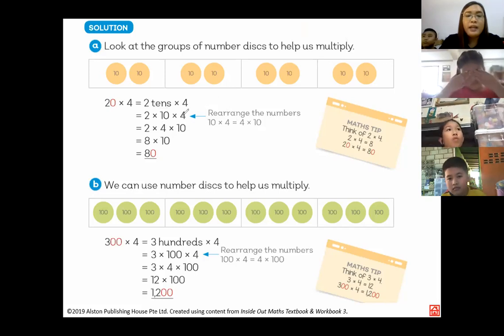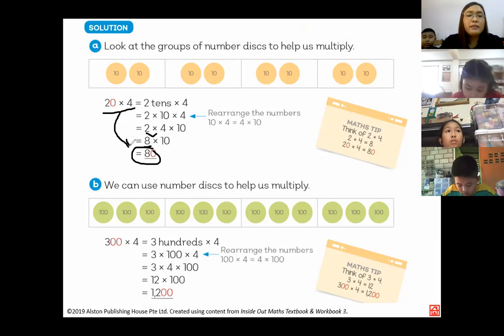First we multiply 2 times 4, that's 8, and then just copy 10 down here. Now we multiply 8 times 10, that's 80. So 20 times 4 is equal to 80.